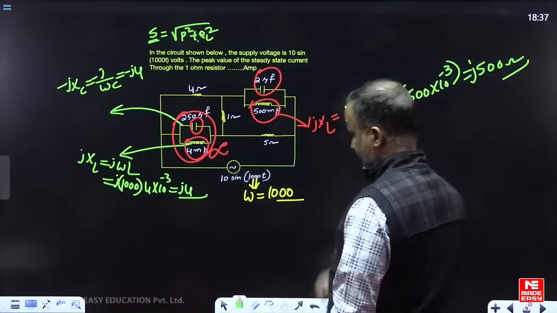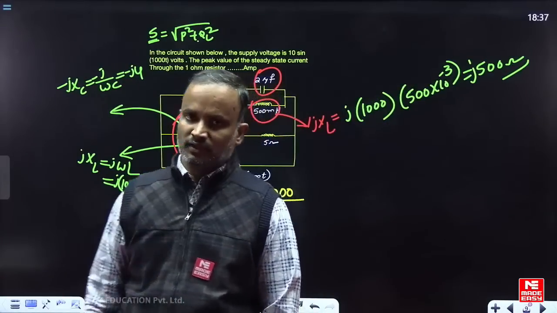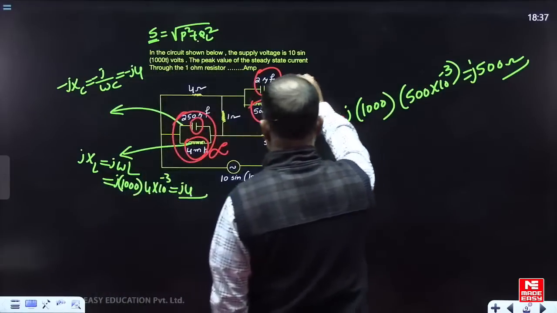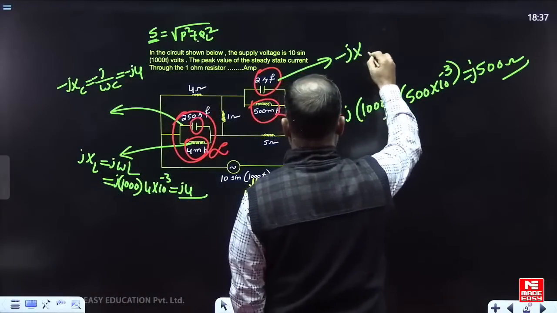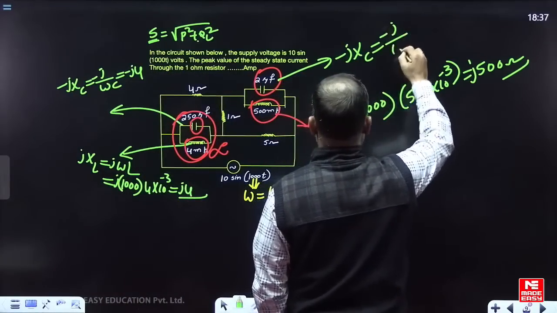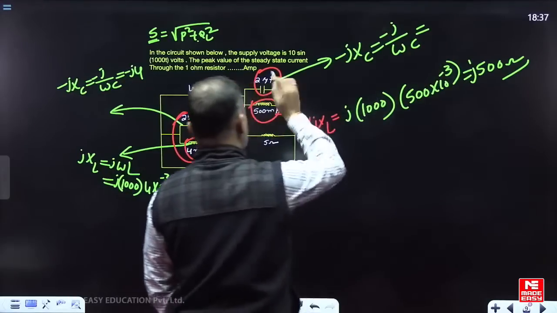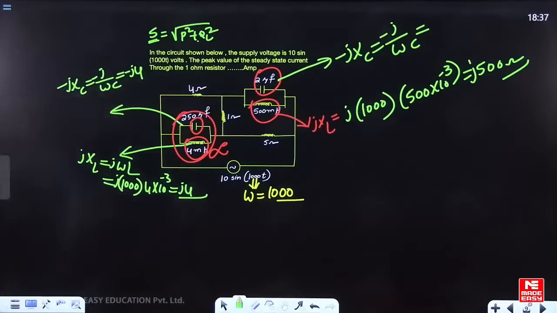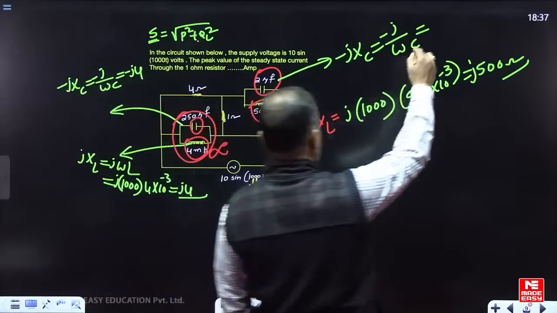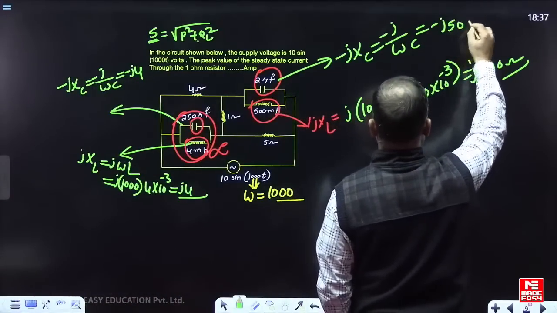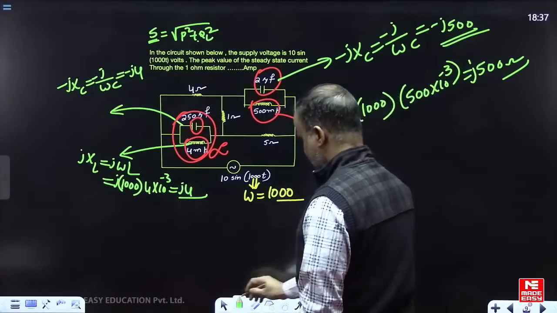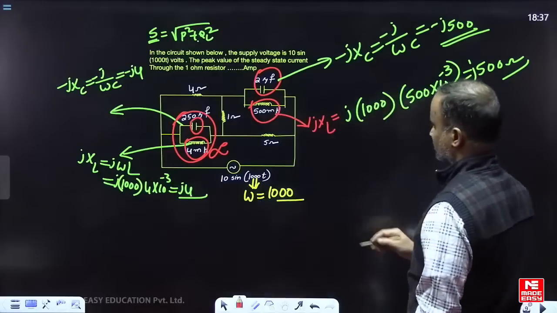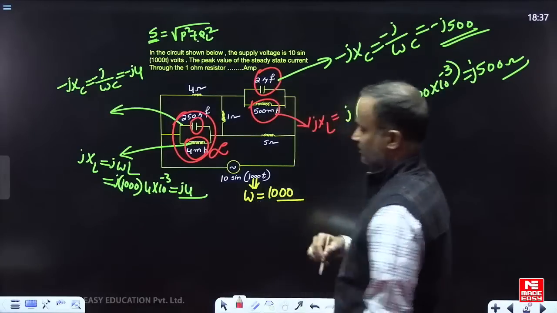This is j500, the XL. Can you repeat the same calculation for XC also? Minus jXC, minus j by omega C. Now the C value is 2 microfarad, and omega is 1000. Check it out. Many students are saying 500. Okay, minus j500. That means for this network also, these two are exactly equal.